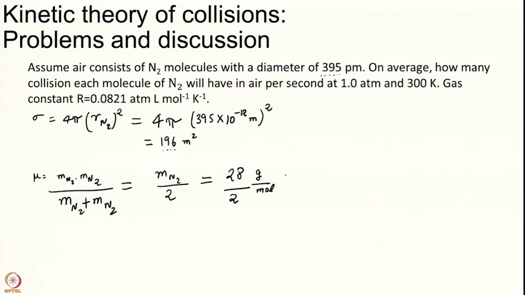I want the answer in kilograms, in SI units, so I have to convert my units. If you use grams per mole, you will get a completely wrong answer. Be careful with units. So, I convert with 1 kilogram over 1000 grams, times 1 mole divided by the Avogadro number.